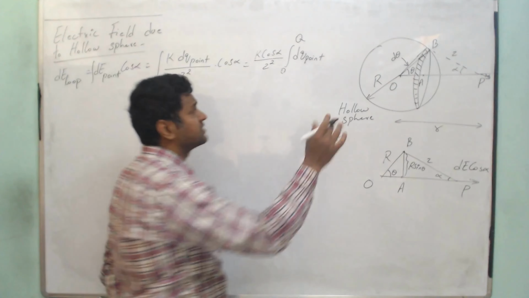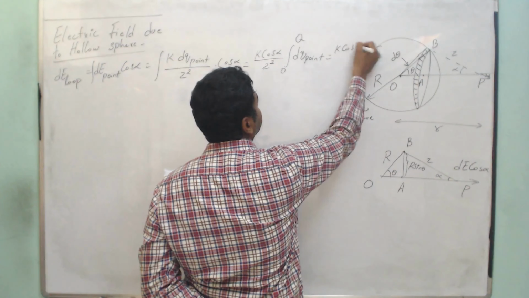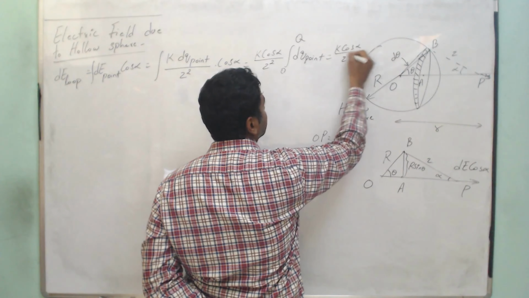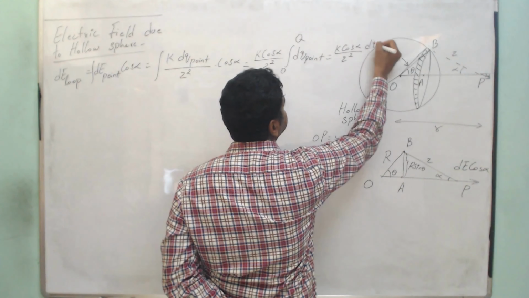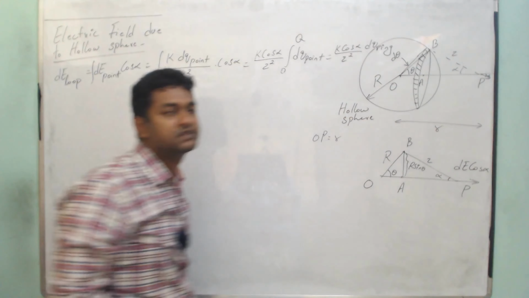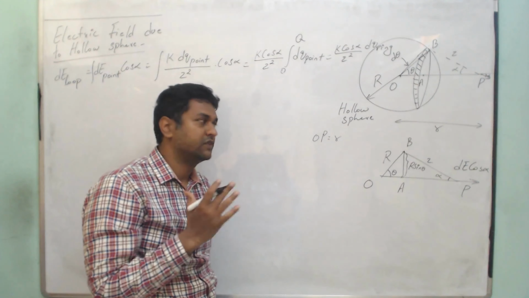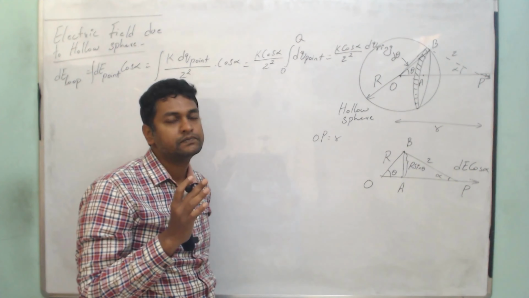Eventually, my final answer will be k cos alpha by z square, which is the same for everyone, times the dq of this ring. That capital Q, whatever is there, is the dq of the ring.